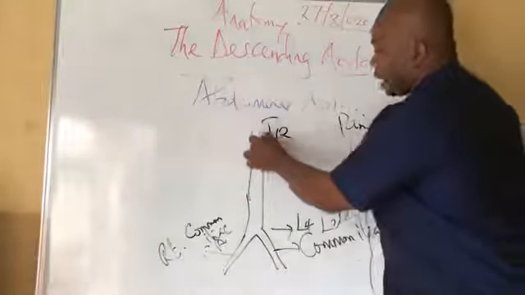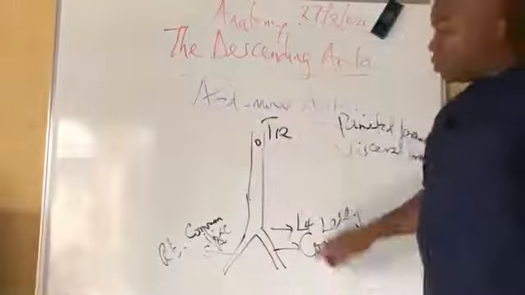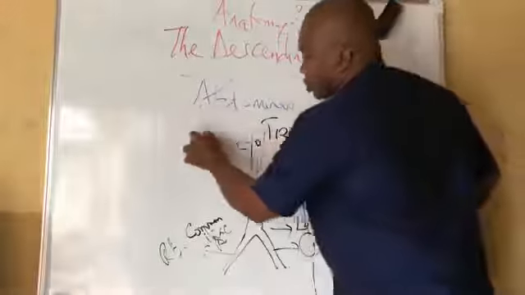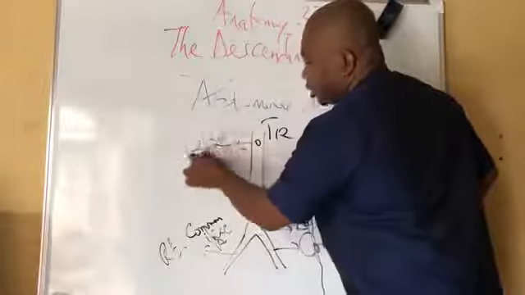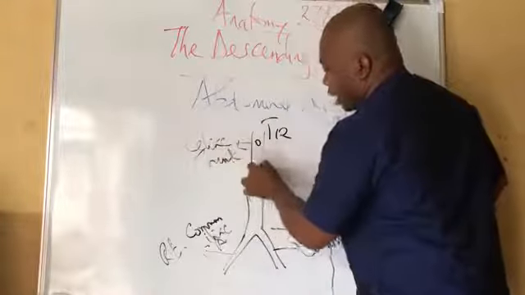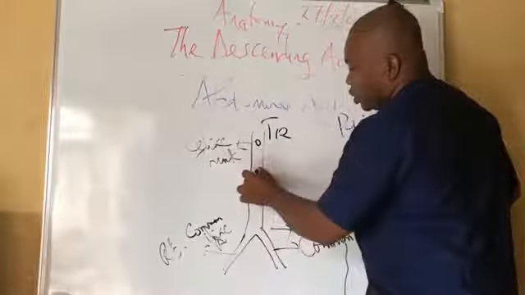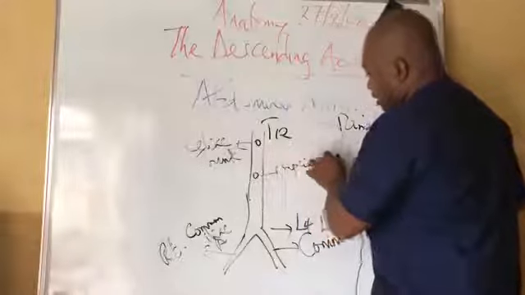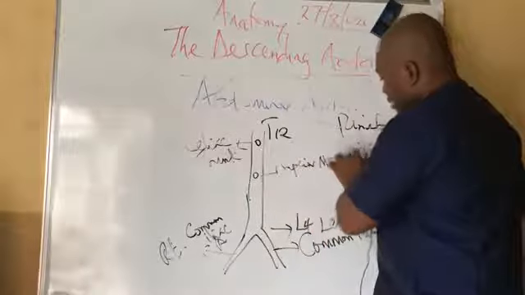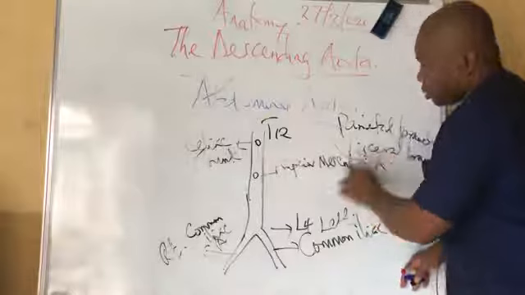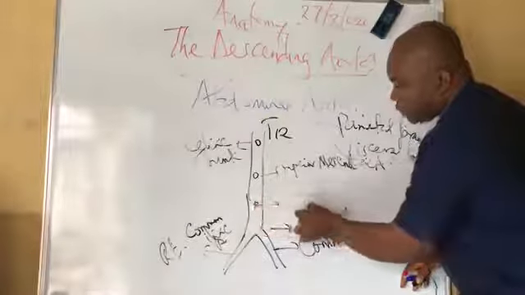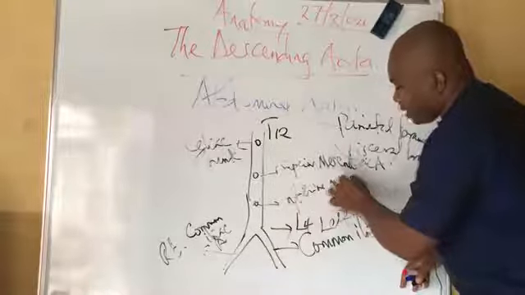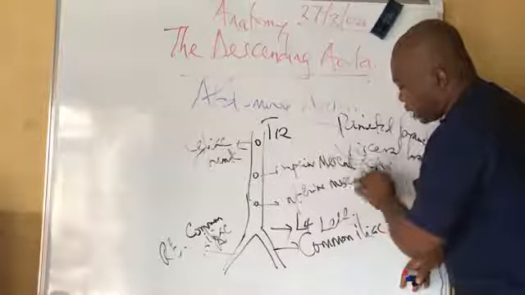The first unpaired branch is the celiac trunk. The second unpaired branch is the superior mesenteric artery. The third unpaired branch is the inferior mesenteric artery.